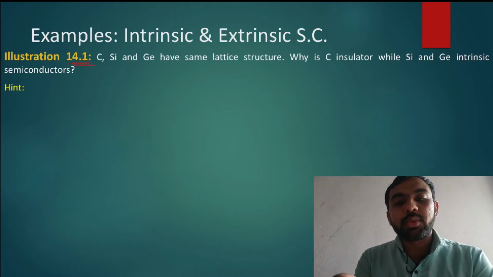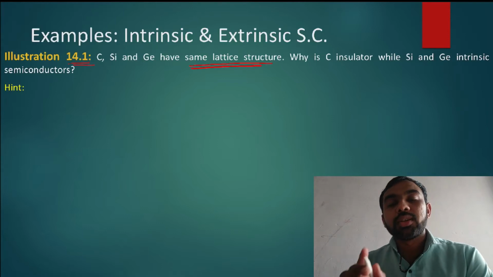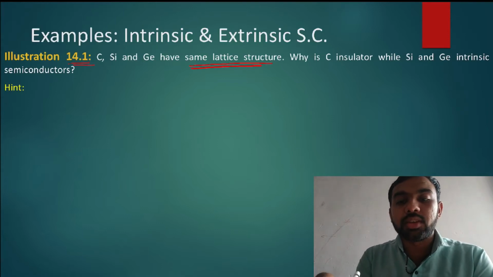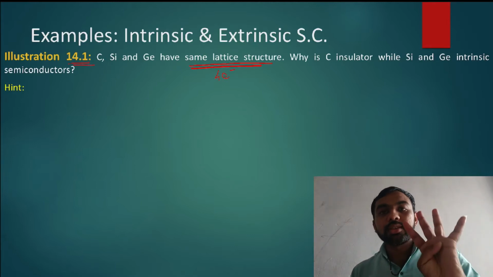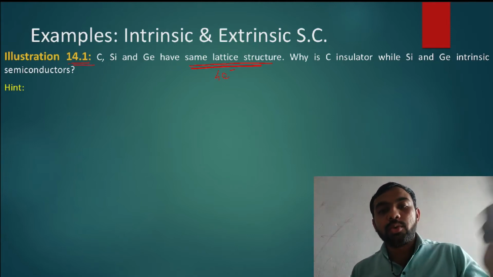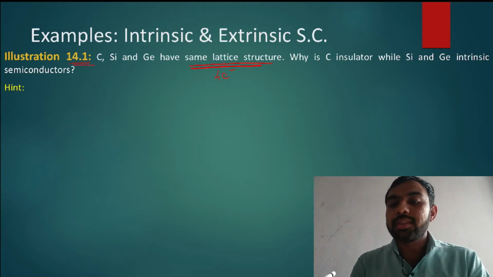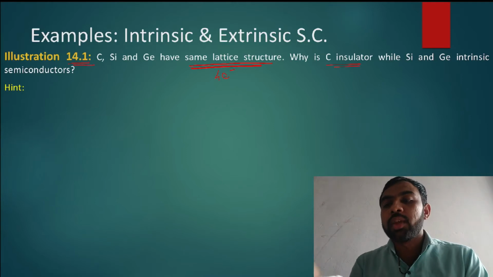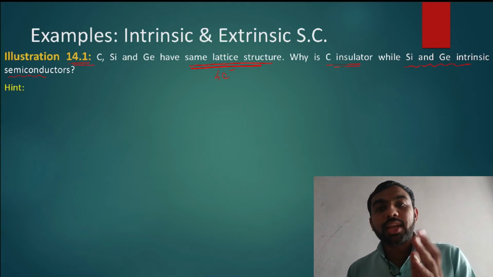Carbon, silicon and germanium have the same lattice structure. What is the meaning of same lattice structure? Same lattice structure means there are 4 electrons in the outer shell, so the lattice structure is the same for all of them. Why is carbon an insulator and silicon and germanium semiconductors? The case is very simple.